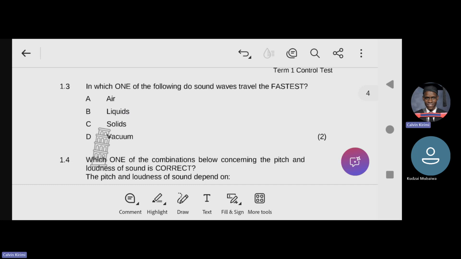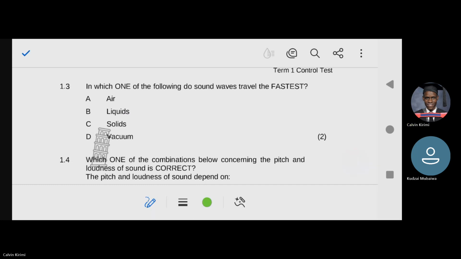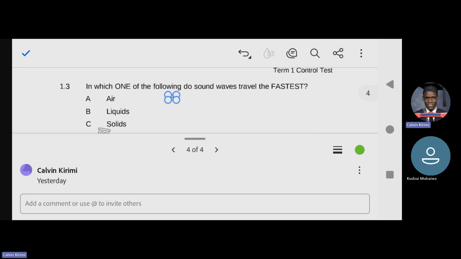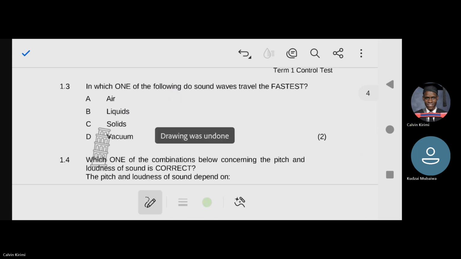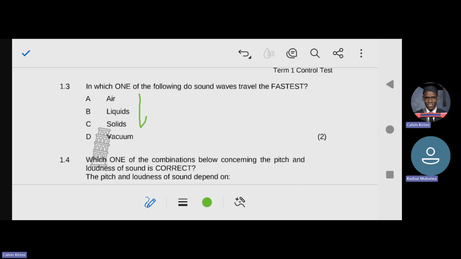Let's compare in air. How are the particles of air? They are all over. Closely packed or loosely packed? Loosely. So can you see the way the particles are packed.